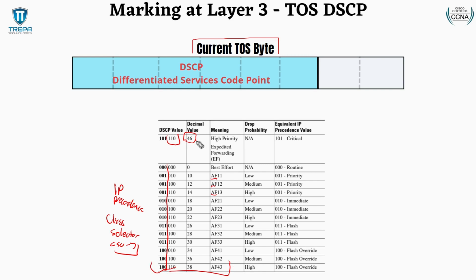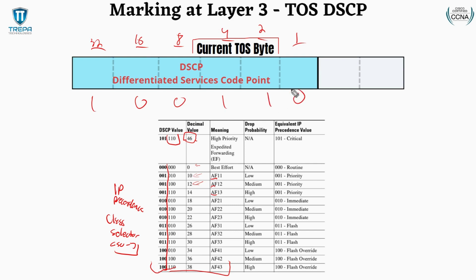And if you do that decimal conversion, these are the conversions. So if we break down these 6 bits, let's put our chart: 1, 2, 4, 8, 16, 32. And let's say we do 1, 0, 0, 1, 1, 0.